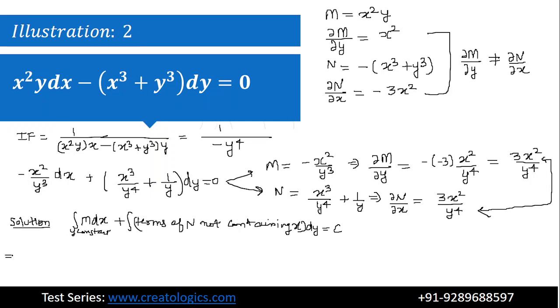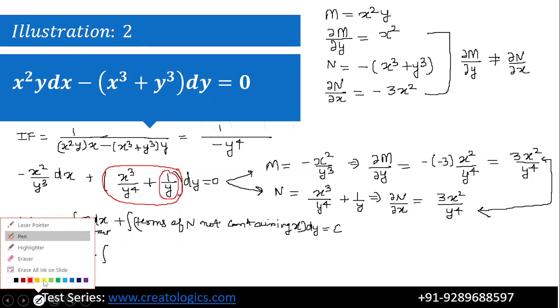Now let's solve this. We are getting integration of M, which was minus of x square by y cube, integrated with respect to x, then plus terms of N not containing x. So let's check which term in N is not containing x. Only this 1 by y part is your required part here.